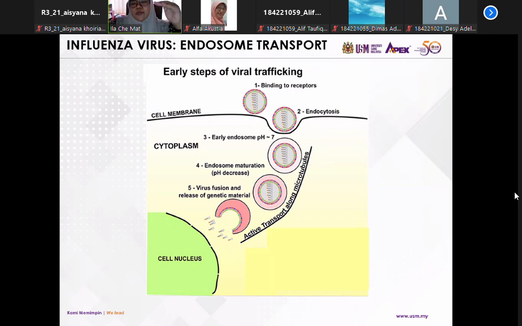So each step of the virus replication can be the target for the development of new drug therapies for viral infection.